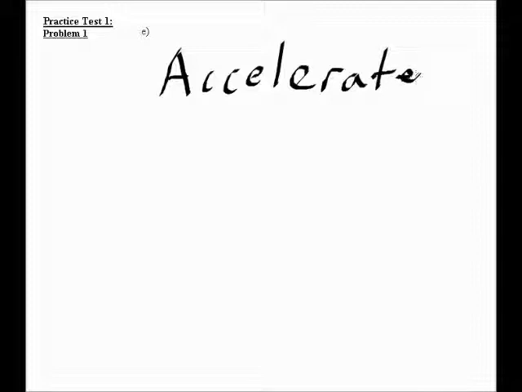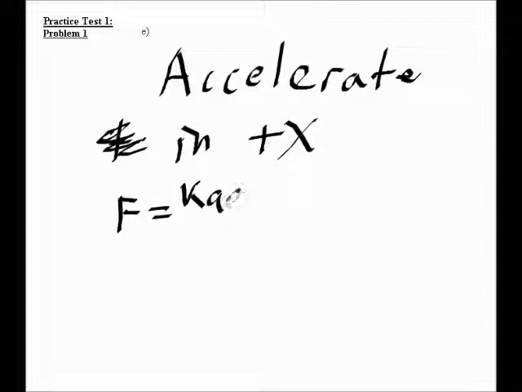However, because of Coulomb's law, this acceleration decreases because F equals kQq over r squared. As the distance increases, the force decreases. Since F equals ma, if the force decreases, acceleration decreases.